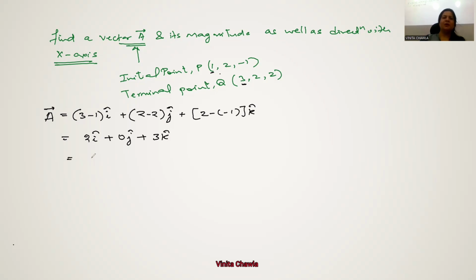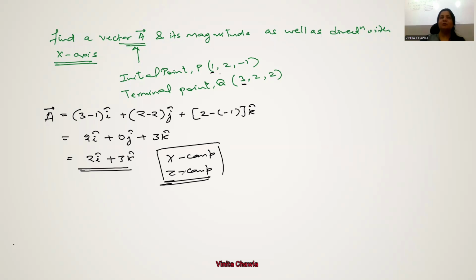No need to write j cap. We can simply write 2i cap plus 3 k cap. So you can see that here we have no y component. We have only x component and z component. So we can consider this in a plane, not in space.